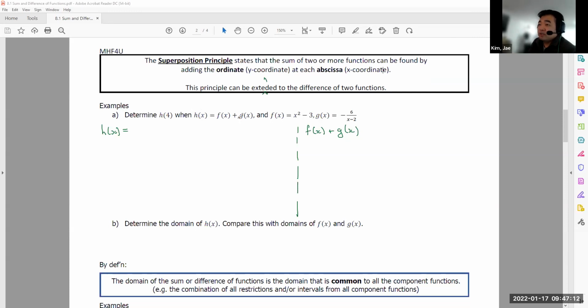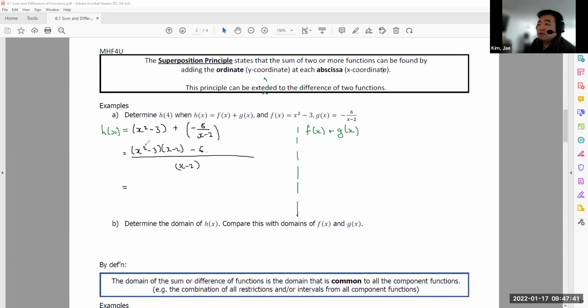H of x is going to be the sum of these two functions, which means I need to solve for the sum of that. And yes, I'm being a little extra, but deal with it. How do you add fractions? Well, you need the same denominator. This is x squared minus 3, x minus 2 over x minus 2 minus a 6.